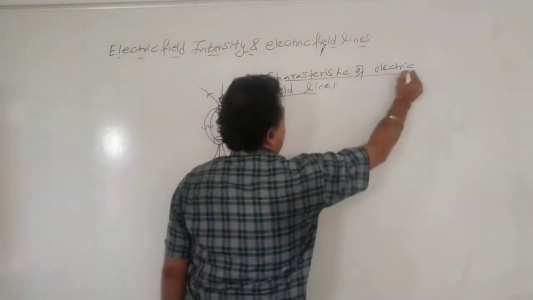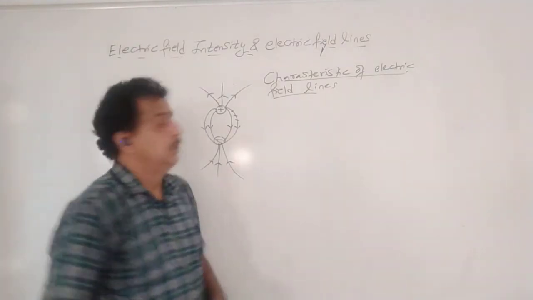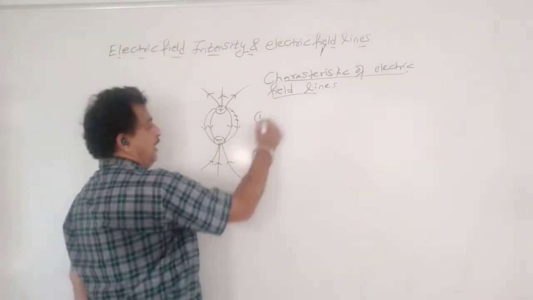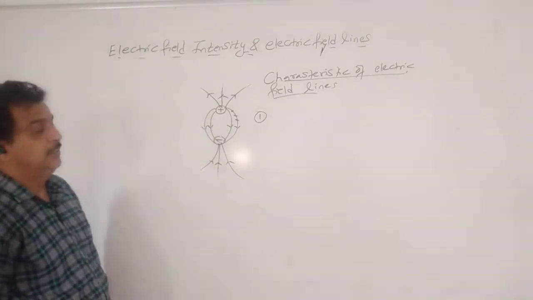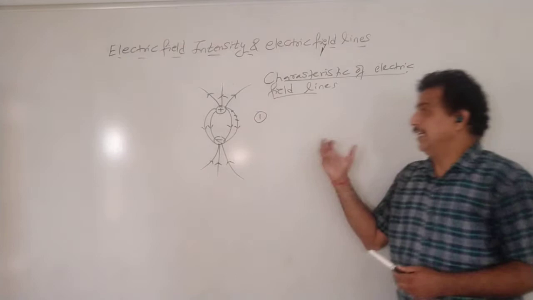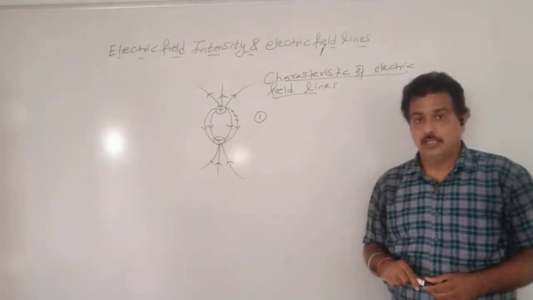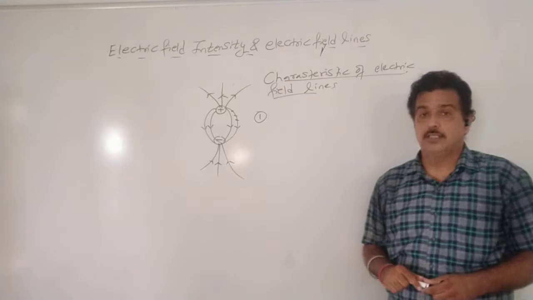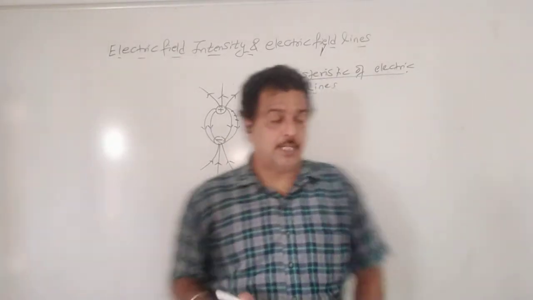So this is another small important conceptual topic where we will try to understand the characteristics of electric field lines. The electric field lines first characteristic is that the electric field lines emerge from a positive charge or start from a positive charge and enter or terminate at the negative charge.